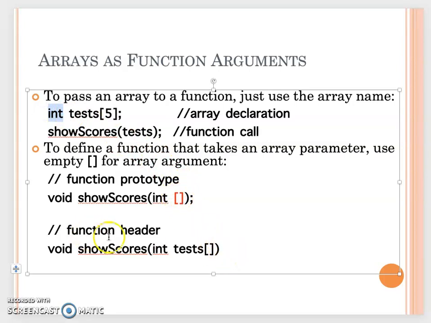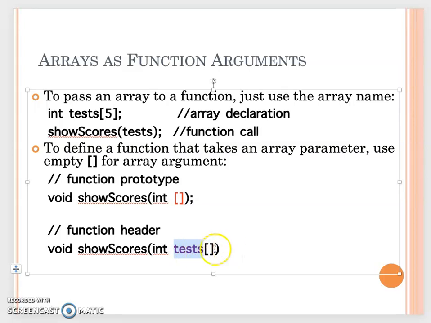Then in your function header, without the function body, you have the return type and function name, and the same thing, you need to have your array type, which here is int. Then don't forget, you have your variable name. Here, let me show it in purple. This one is actually the array variable name.